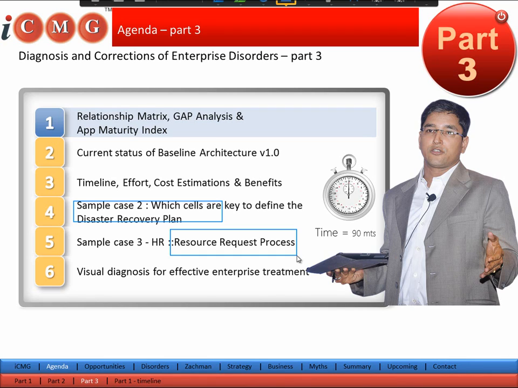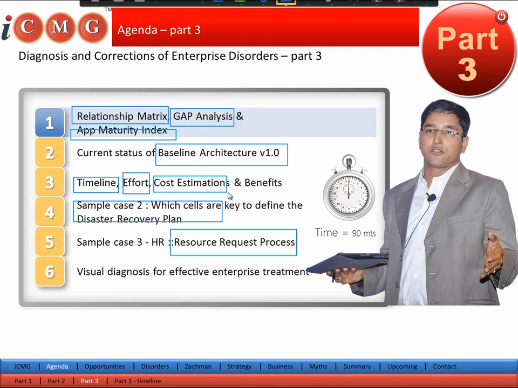In particular, I'm going to look at how you do gap analysis, relationship metrics, the application maturity index, what kind of baseline architecture we had to look at, the timeline, effort and cost estimation, and the benefits of having an approach like the one I discussed previously.